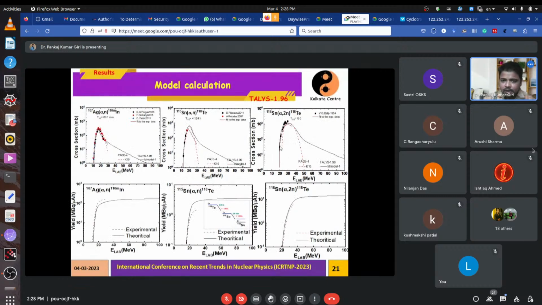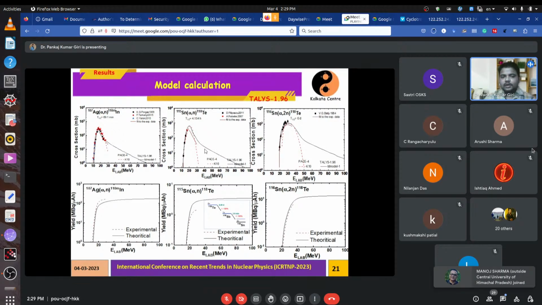And why are we actually doing this kind of exercise? Because, taking this particular example of 118 tellurium, the experimental data are not available in this particular energy range. But for suggesting a radioisotope as an alternative to the conventional radioisotope for medical application, we need to produce that radioisotope in a bulk manner.